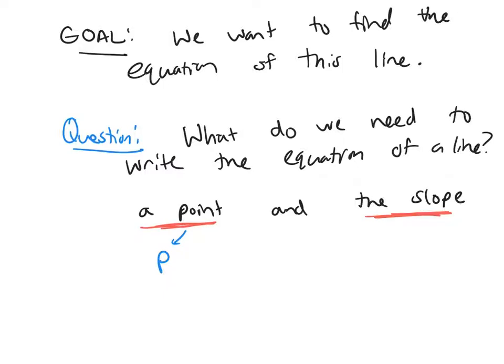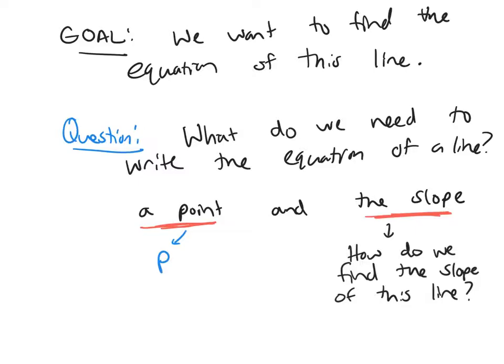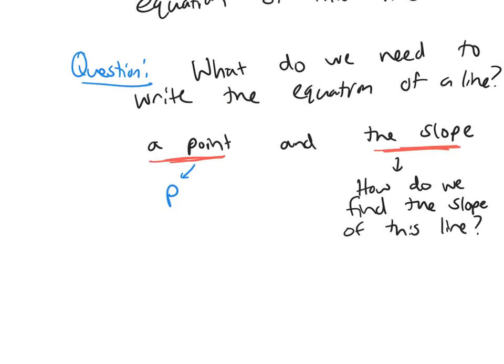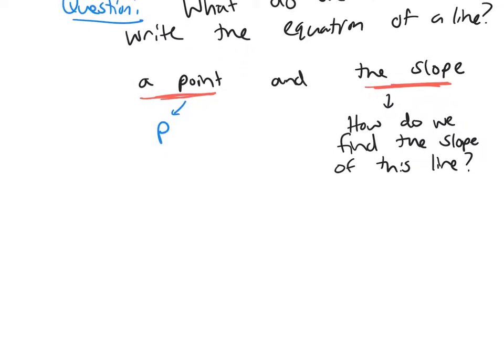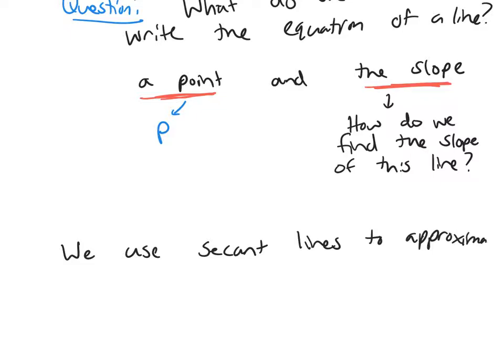So then we've got to figure out, how do we find the slope of this line? The answer to that is, we use secant lines to approximate this slope.